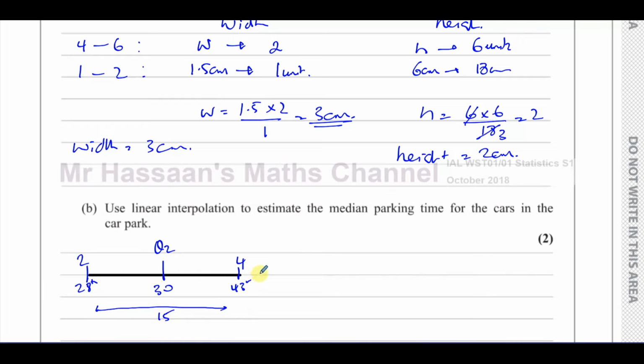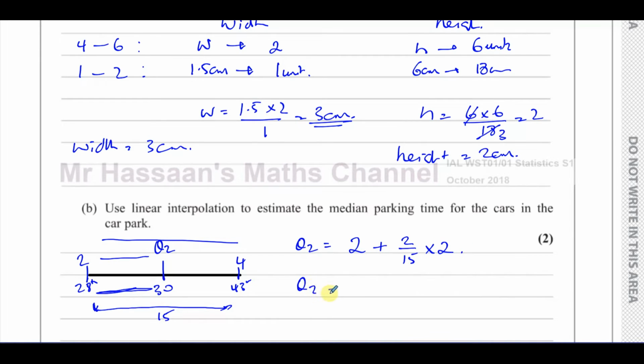Okay, so we're going to use linear interpolation to find the value of the median. We know that it's more than 2, it's between 2 and 4, so it's 2 plus something. Now, what we do is see what proportion this distance is of the whole width in terms of positions. So this is 2 positions in out of 15. That's the same fraction of the width, which is 2.